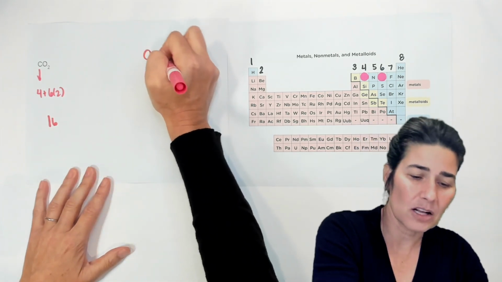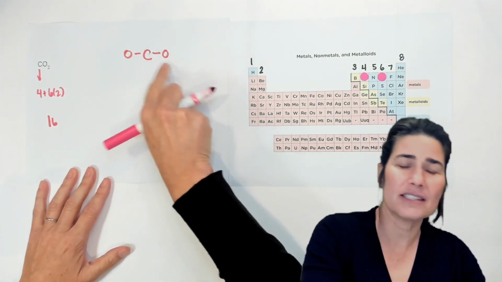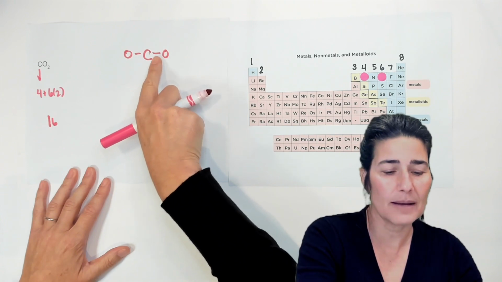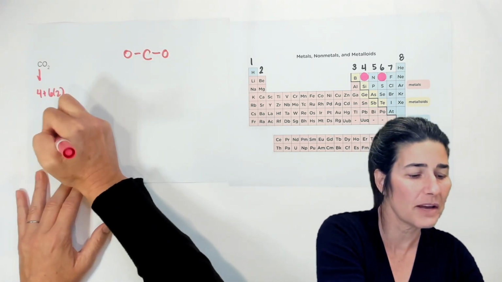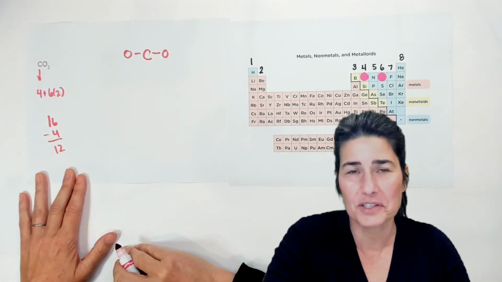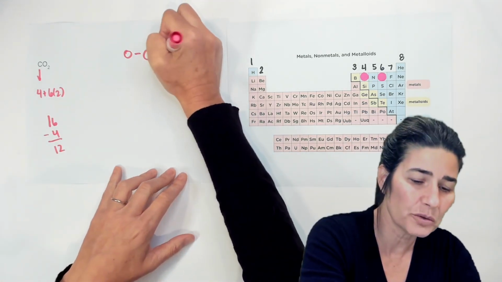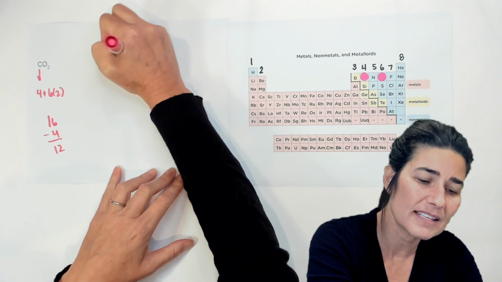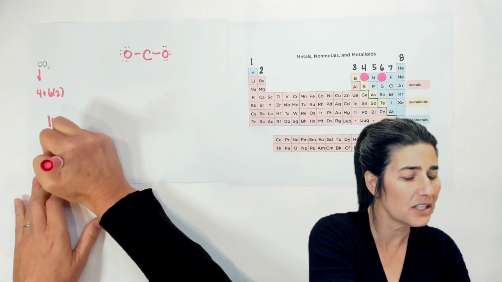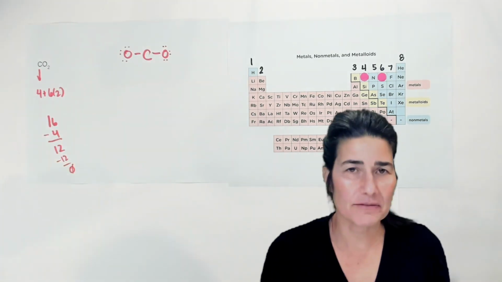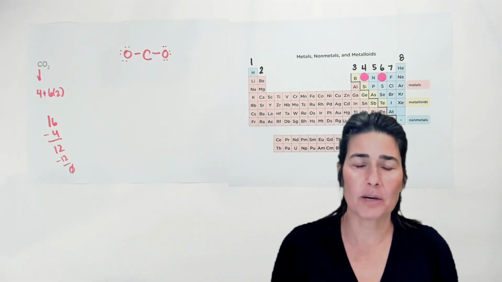Carbon goes in the middle. We connect oxygens to either side. We just used up 2, 4. I'm going to take away 4. I've got 12 left. Outsides before insides. So we go 2, 4, 6, 8, 10, 12. I take away 12. I have none left, so I can't put them on carbon.